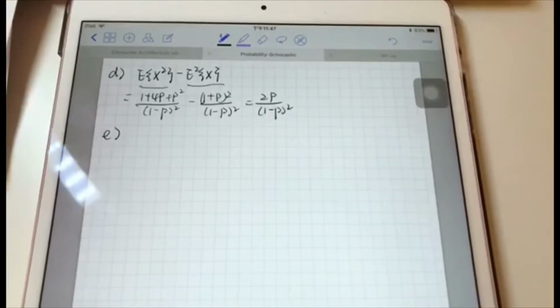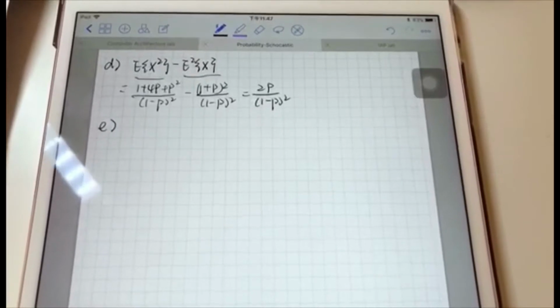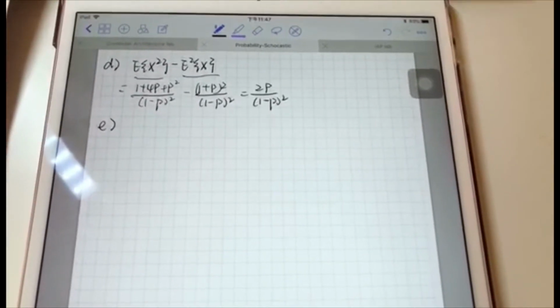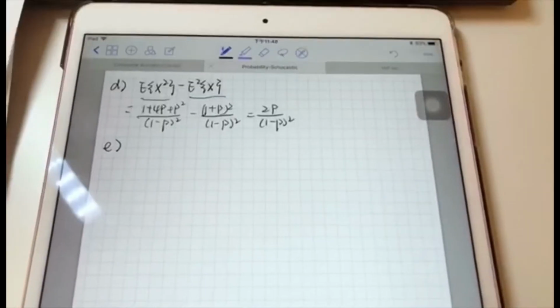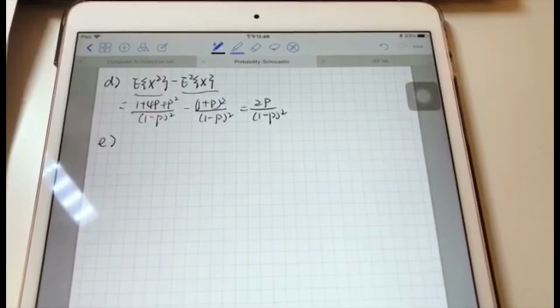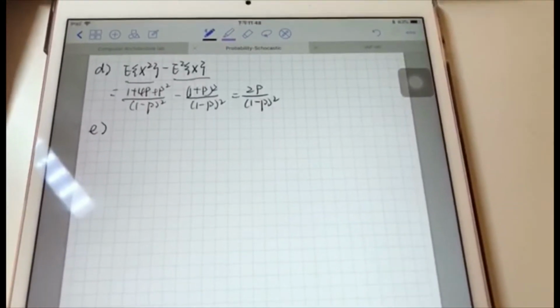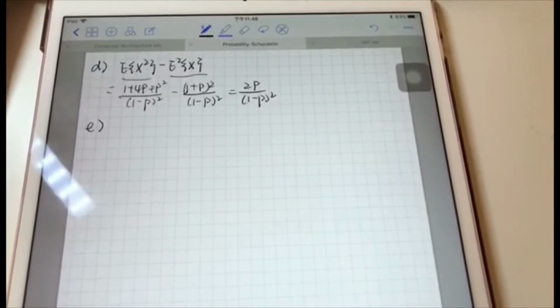Now let's come to question E. At first we should look back on the conditions we already found through the former questions. In question E, the question also provides that p equals 1/3.